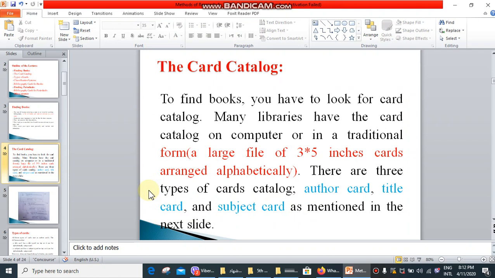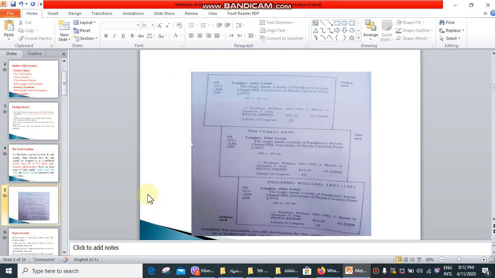So card catalogs are the types of cards arranged alphabetically in the drawers in the library, in order to look for all of these cards according to their author, title, or subject, to be able to find relevant materials for your research topic. So what are these types?